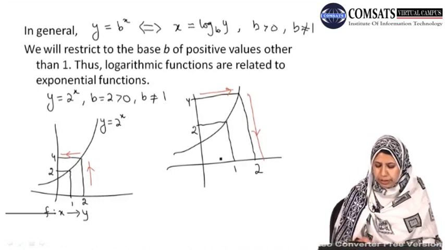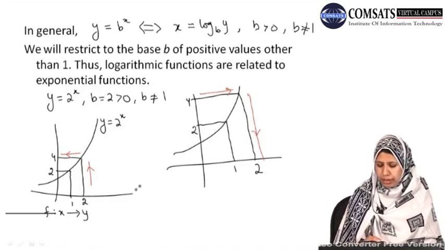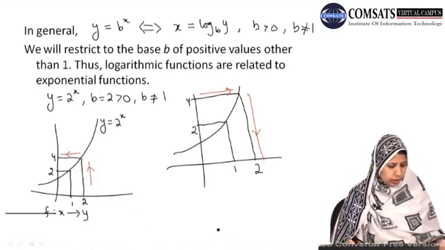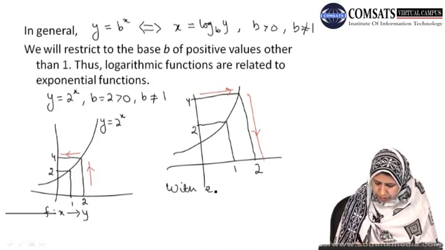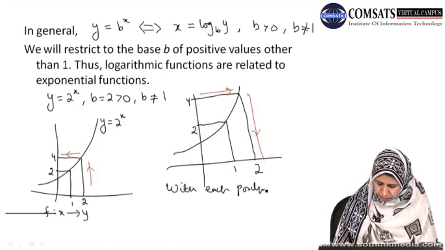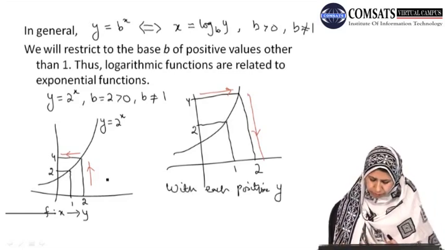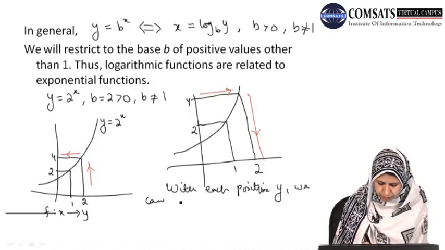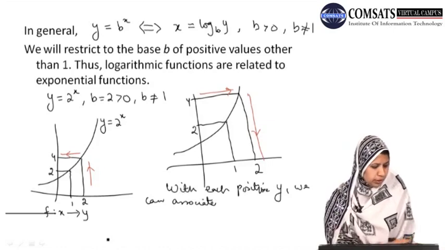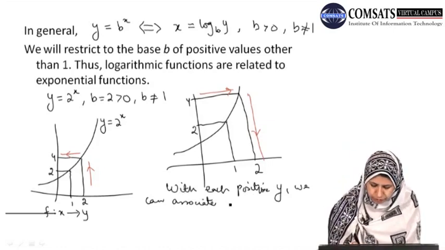So, for each output y there exists only one input x. What are we trying to say? That with each positive value of y, we can associate exactly one value of x.